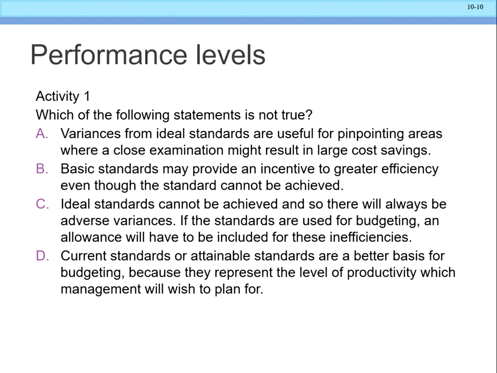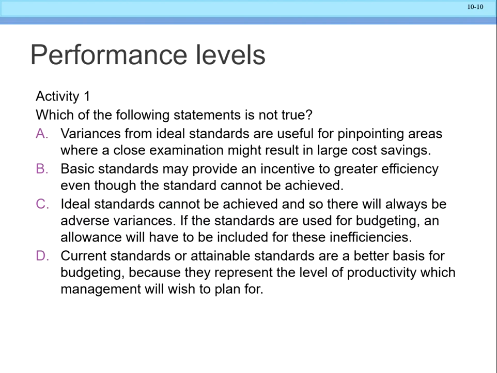Then basic standards may provide an incentive to greater efficiency even though they cannot be achieved. Ideal standards cannot be achieved, so they will always be adverse variances. If the standards are used for budgeting, an allowance will have to be included for these inefficiencies. Then current standards or attainable standards are a better basis for budgeting because they present the level of productivity which management will wish to plan.